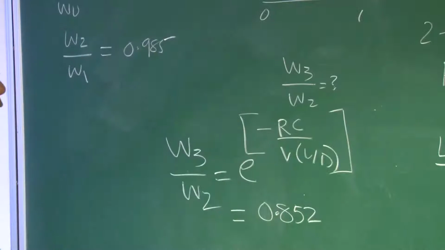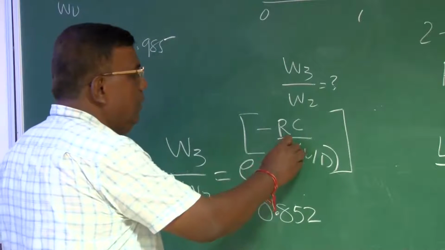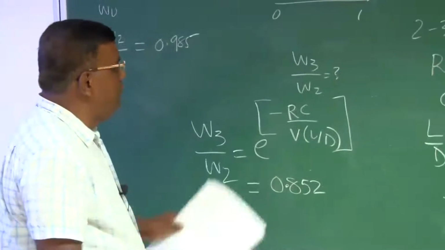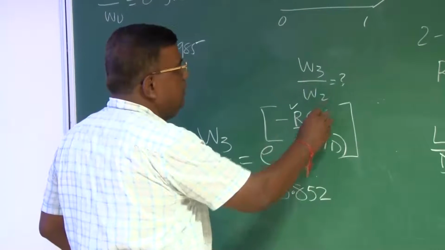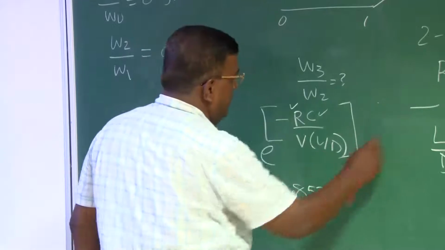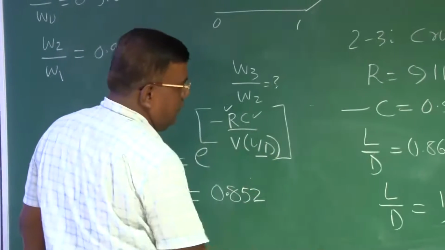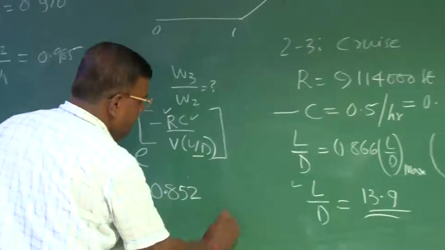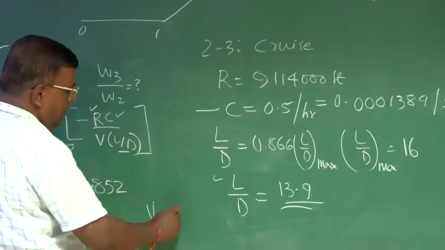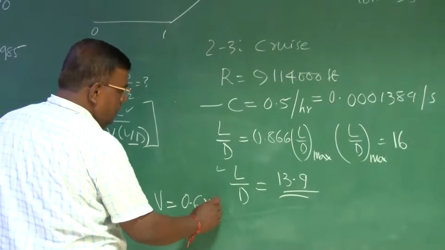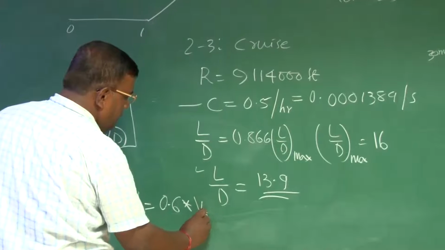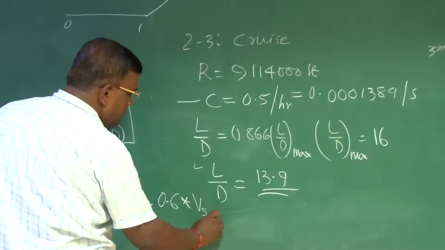R you know, C you know, V you know. If I want to compute this, I need to know the value of R, which is given there. C we have corrected for dimension here. L by D is around 13.9. What is V? V is 0.6 Mach, that is 0.6 into the velocity of sound at 30,000 feet.